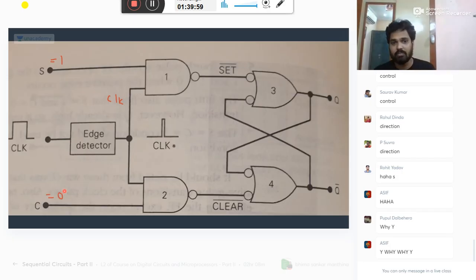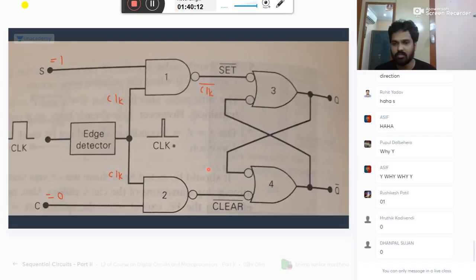Then what happens? You have clock here. Tell me, 1 into anything, 1 into clock. What is the answer here? Clock bar. Okay, so 0 into anything is 0, whole bar is 1.